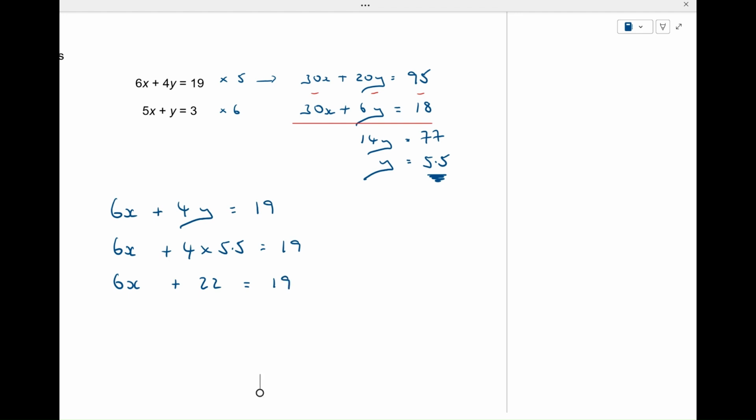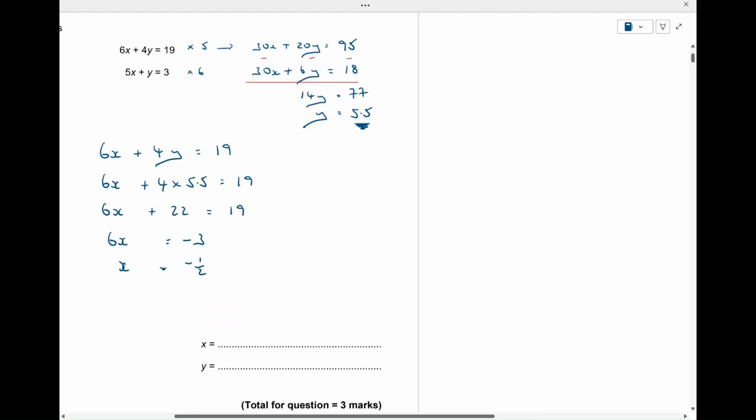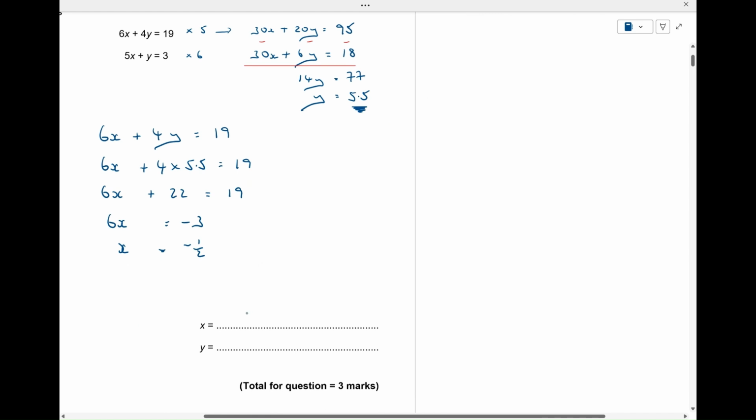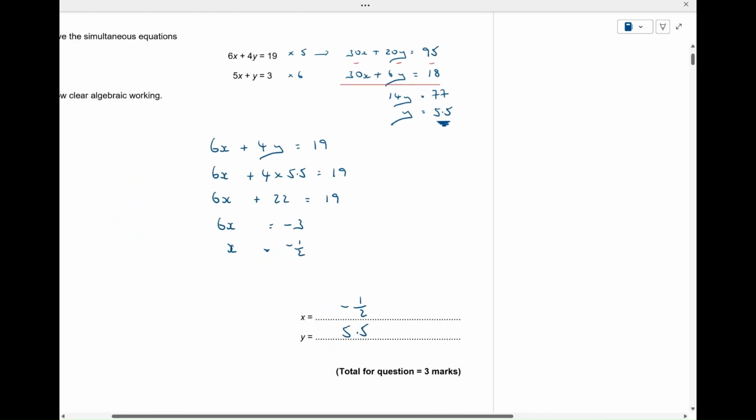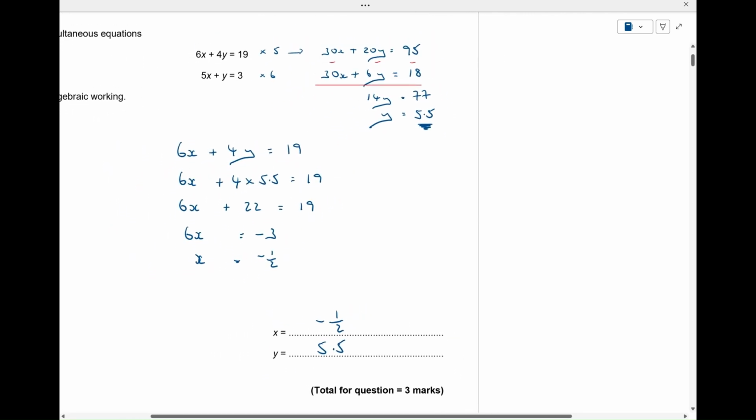Now I'm going to subtract 22 from both sides, or float and ping, however you prefer to think about it. So 6x is minus 3, and on my calculator, minus 3 divided by 6 is minus a half. So my two answers are x equals minus a half and y equals 5.5. And that is question 1 done.